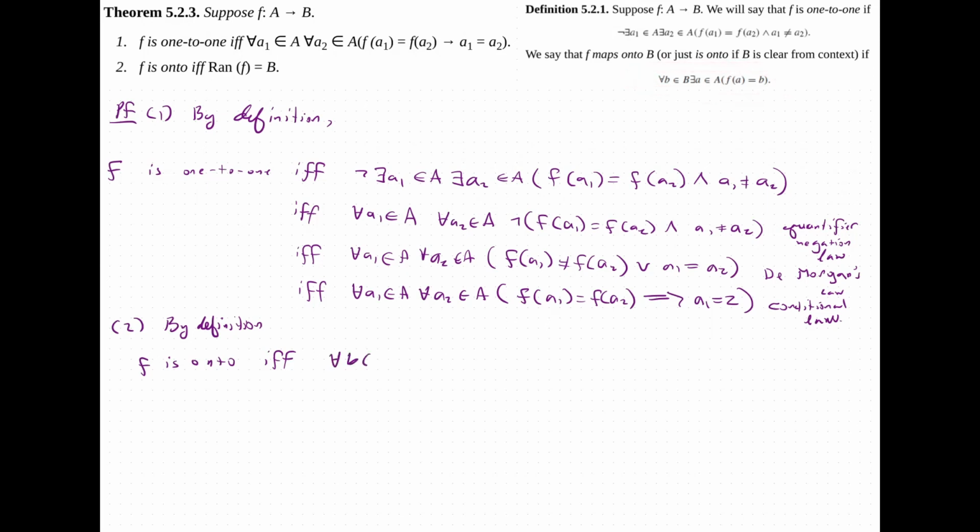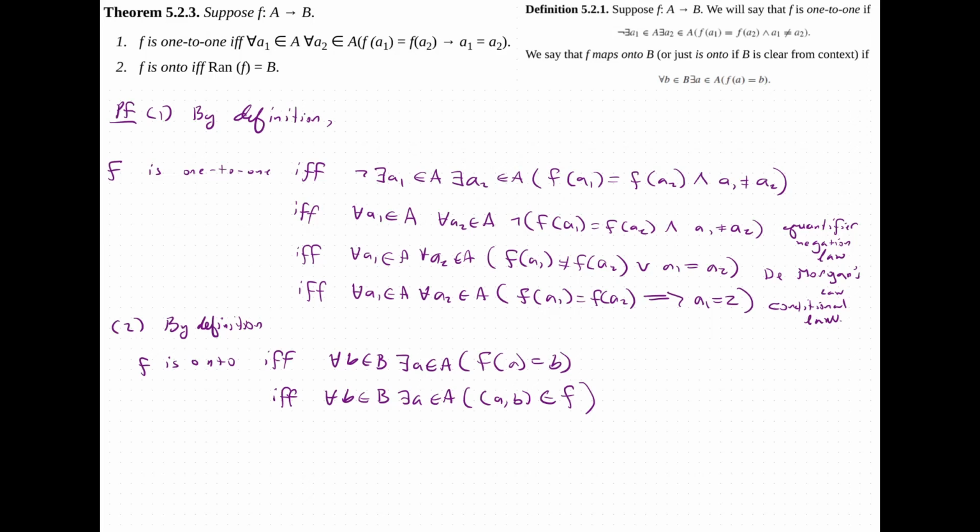For every B in B, there exists A in A such that F of A is equal to B. But now, by definition of function, when we think about this in its set theoretic definition, saying F of A equals B is saying that the ordered pair A comma B is in the function F. Since F is a relation, it is a collection of ordered pairs. So we got this here.